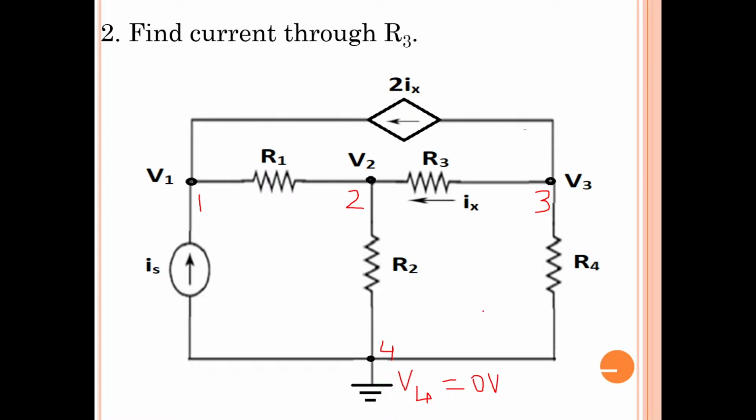So if node 4 is the reference node, then its magnitude is assumed to be 0. Yes, reference node voltage is always 0. If you complete drawing the circuit, just mention in the chat box, because it takes some time to draw the circuit.